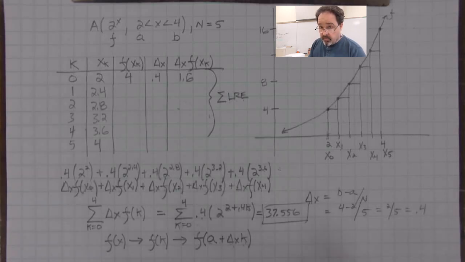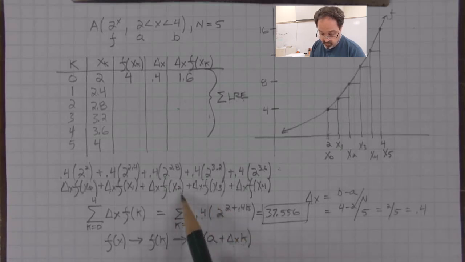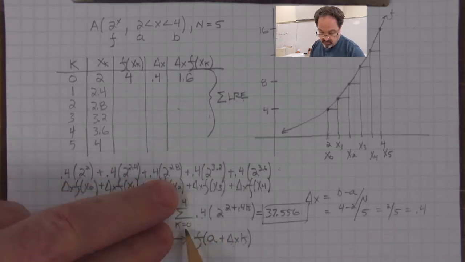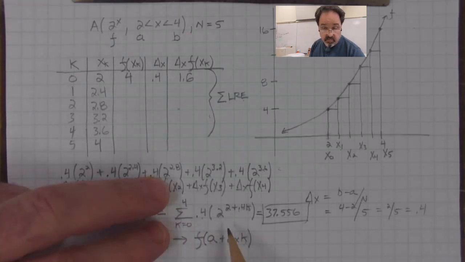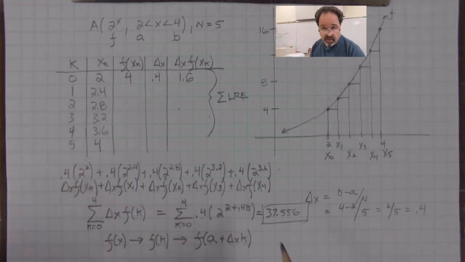And we can go further than that. What if we wanted to use 1,000 rectangles? We wouldn't want to do it by hand. But if we establish the patterns and put it into a sigma notation, then we could use 1,000 rectangles, which would mean an index that was used 1,000 times, but the accuracy of that estimate would be very, very close to the actual area.